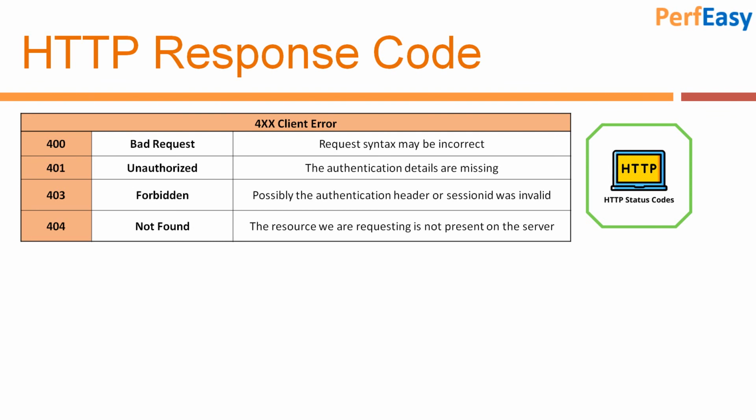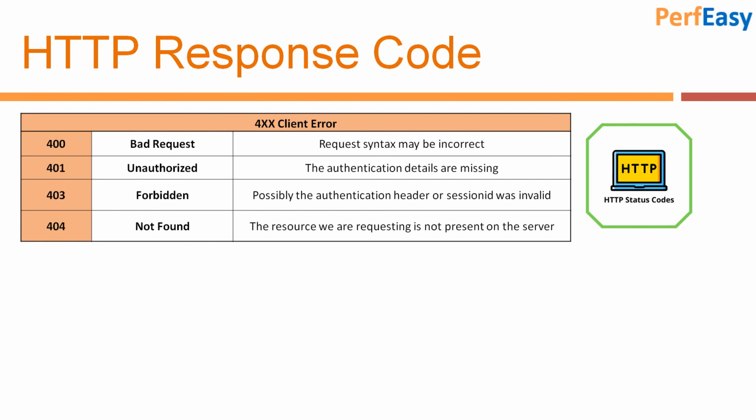403 Forbidden. Here 401 and 403 look similar, and here also the authentication header or session ID is the problem. If you are getting 401, that means the authentication field is missing. For example, the server was expecting a session ID or authentication header as part of the request, and we forgot to add it, so that would give me 401.